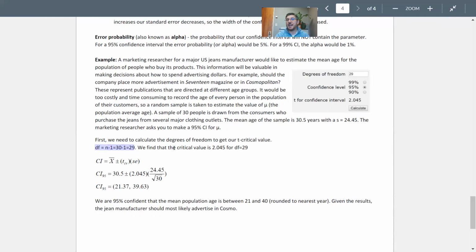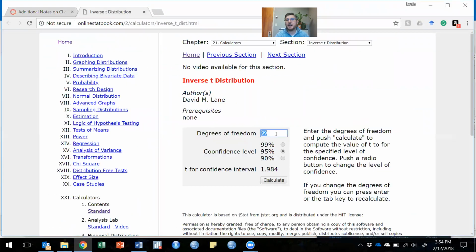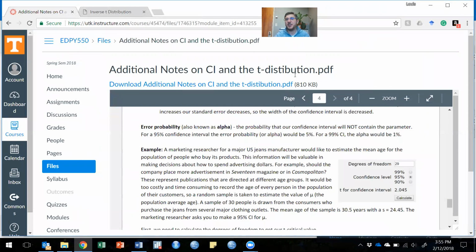We can then plug that into our critical value calculator. We had 29, and we want the 95% confidence interval. Our critical value is 2.045. So for a t-distribution with 29 degrees of freedom, 95% of cases would lie within 2.045 standard deviations of the mean, or, since this is a sampling distribution, we'd call it standard errors of the mean.